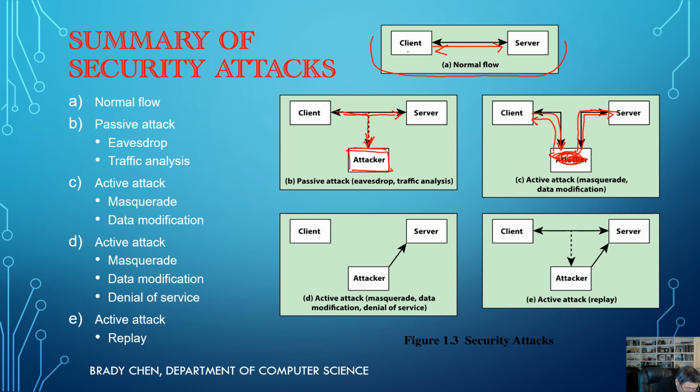This diagram also shows another active attack, including masquerade, data modification or denial of service. For example, the attacker keeps sending messages to the servers, flooding them to eventually degrade the performance of the server networks. The last one, replay: the attacker first captures the message from the client, and then replays it, pretending he is the legitimate user.